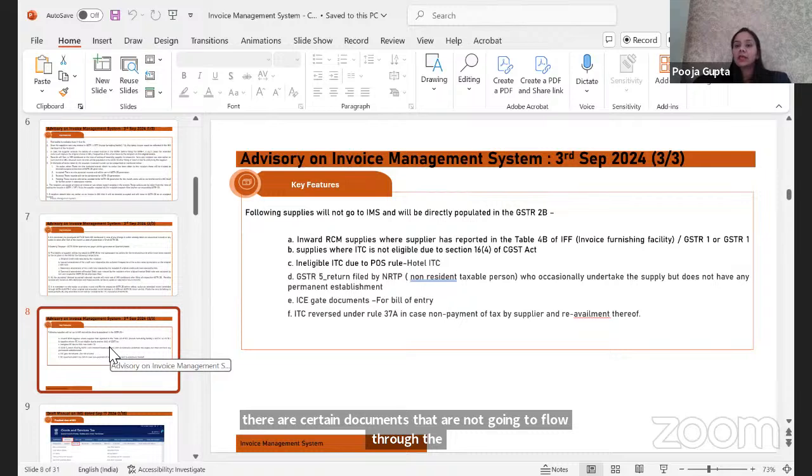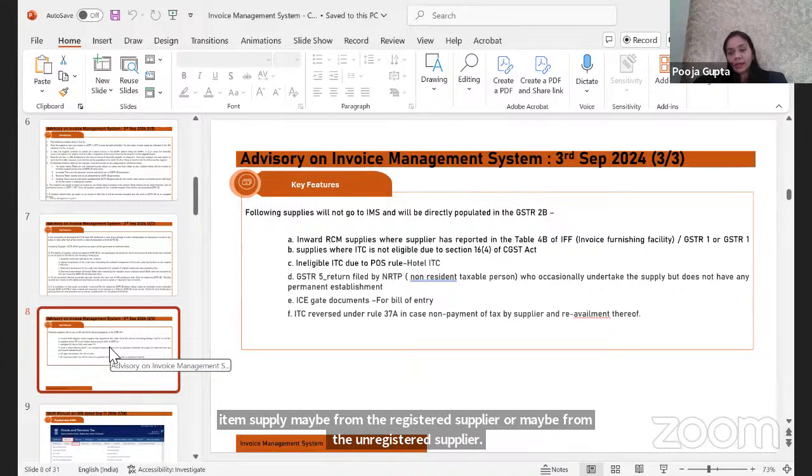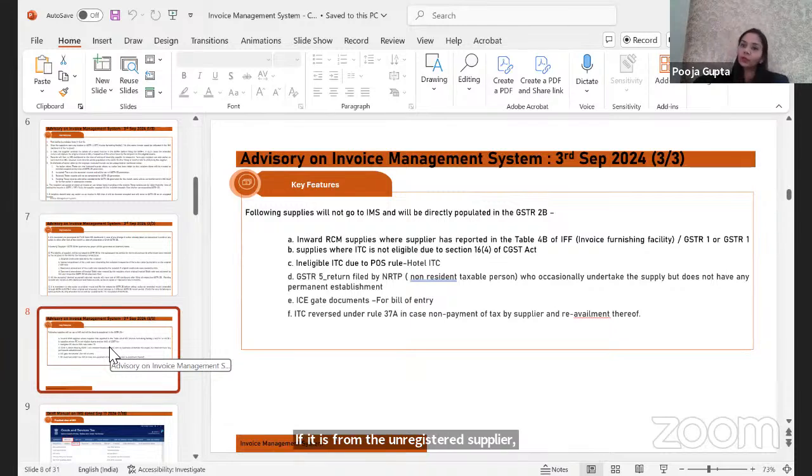First one is inward RCM supply. Inward RCM supply may be from a registered supplier or from an unregistered supplier. An unregistered supplier is not going to file any kind of IFF or GSTR 1, so there is no question of it appearing in the IMS dashboard.